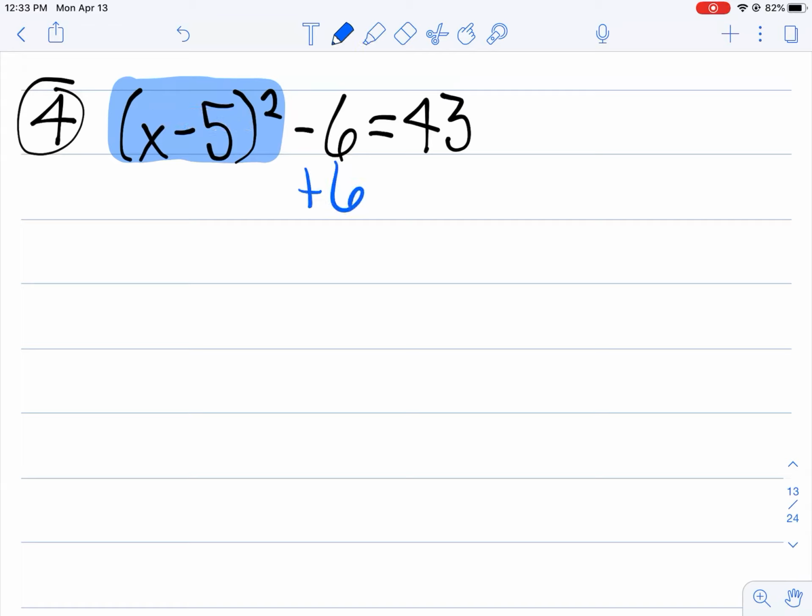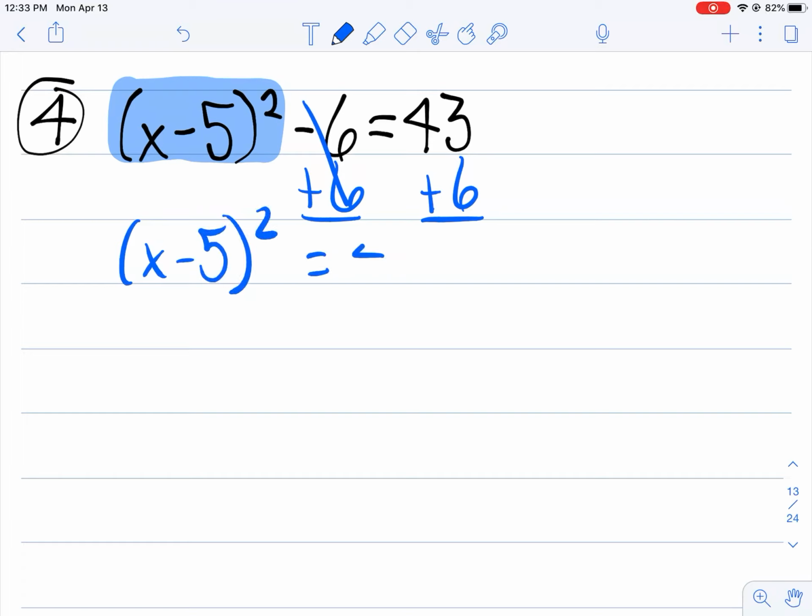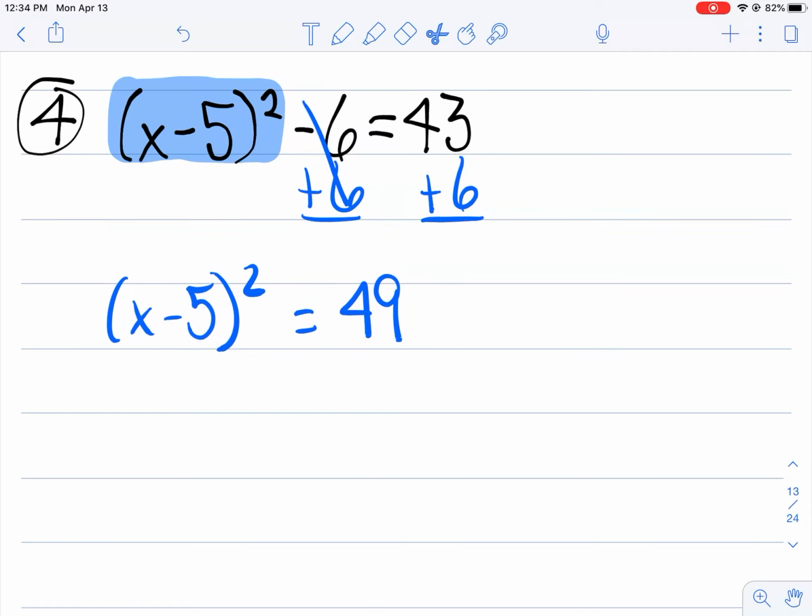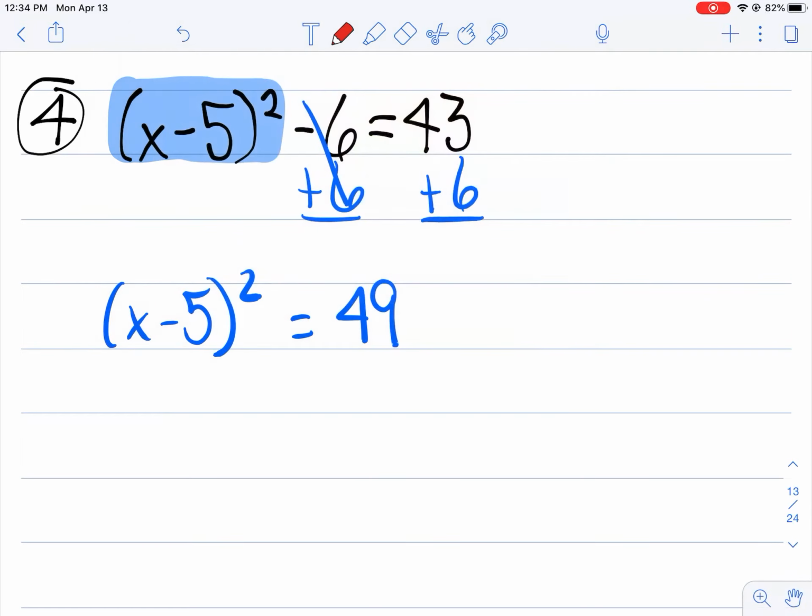All I have to do here is add 6 to each side. And I have x minus 5 squared equals 49. I'm going to move this down one step so I have a little bit of room to work. There we go. Now we still do the square roots.